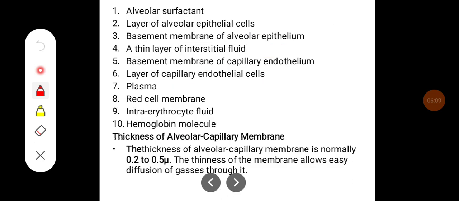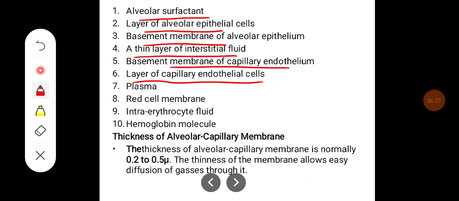Okay, so these are the layers. Alveolar surfactant, the layer of alveolar epithelial cells, basement membrane of the alveolar epithelium, thin layer of interstitial fluid, basement membrane of the capillary endothelium, layer of capillary endothelial cells, plasma, red cell membrane, intraerythrocyte fluid, and hemoglobin molecules.